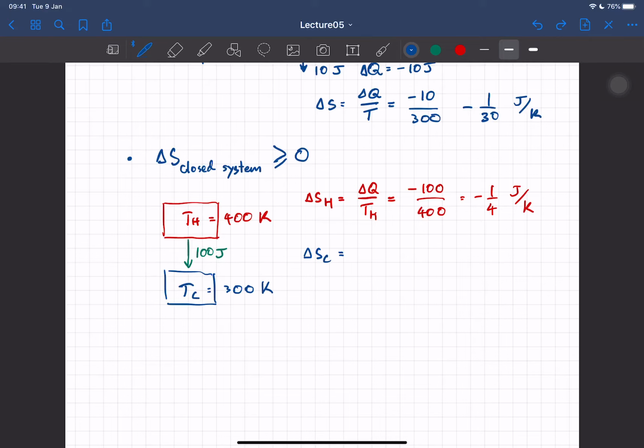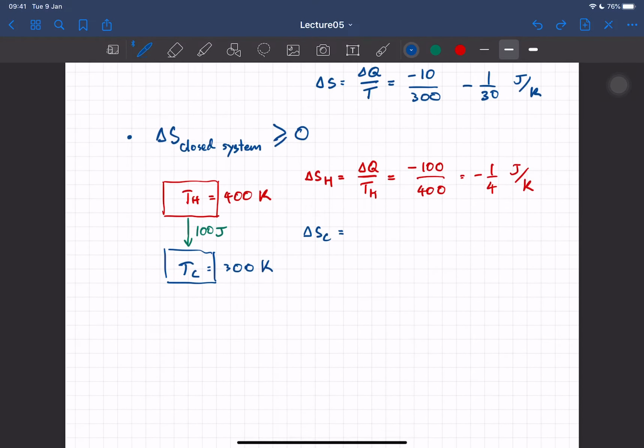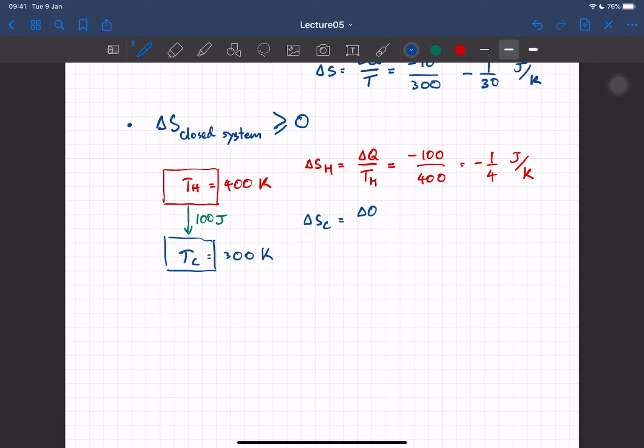You cannot lose any energy. The sign is different, so let me write it out first. Delta Q divided by T cold, so that's 100 over 300. That's going to be 1/3 joules per Kelvin.